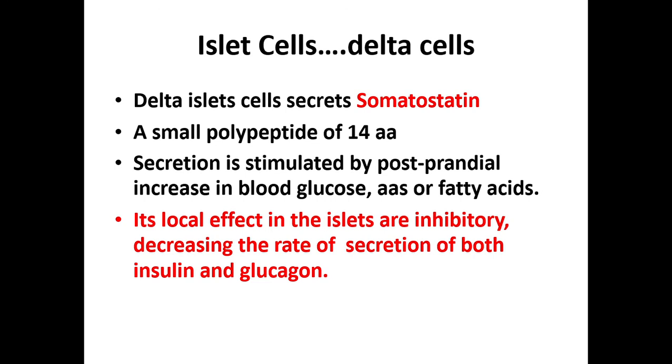The delta cell secretes somatostatin, which is a small polypeptide of 14 amino acids. Secretion is stimulated by a postprandial increase in blood glucose, amino acids, or fatty acids. Its local effects in the islets are inhibitory, decreasing the rate of secretion of both insulin and glucagon.